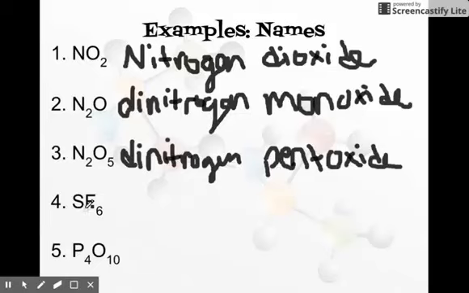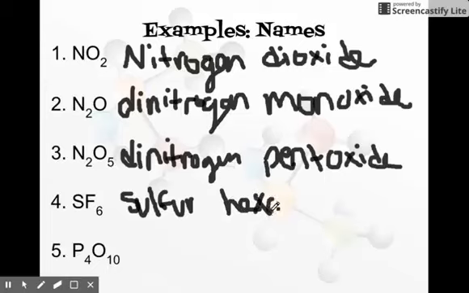Okay, let's try number 4. So we have S, which is sulfur. Remember, no prefix for mono on the first one, so sulfur. And then 6 is hexa. And then fluorine changes to fluoride. So sulfur hexafluoride.